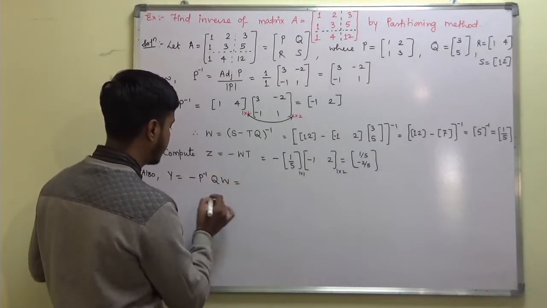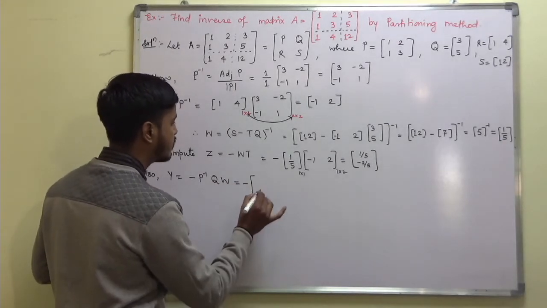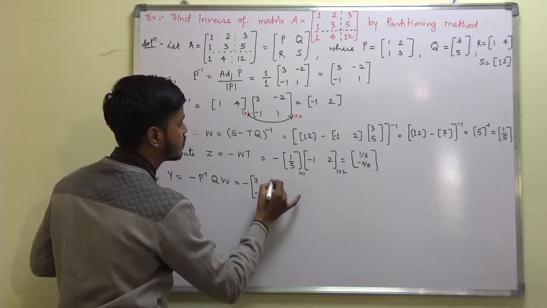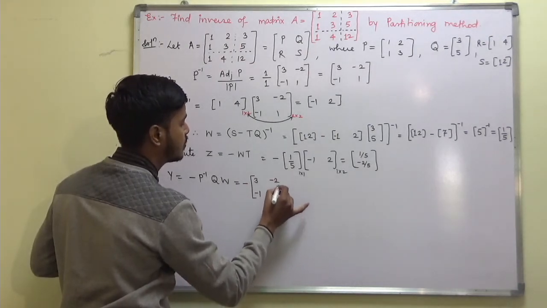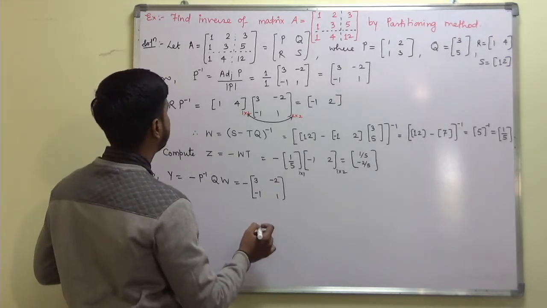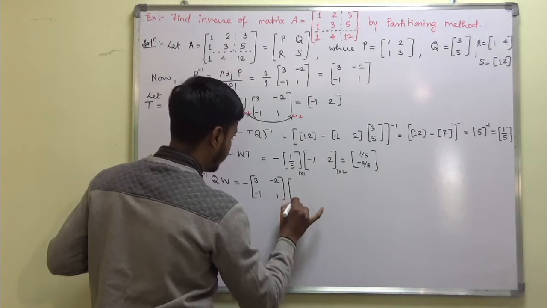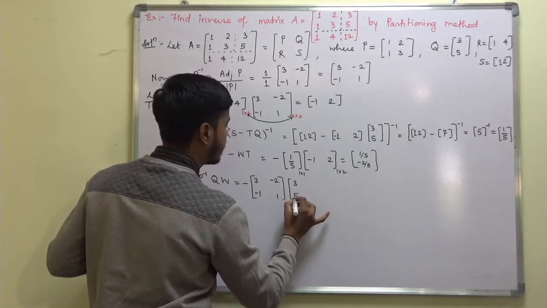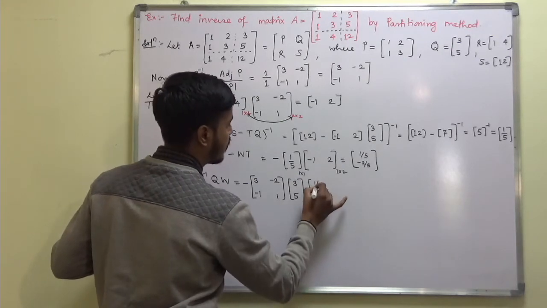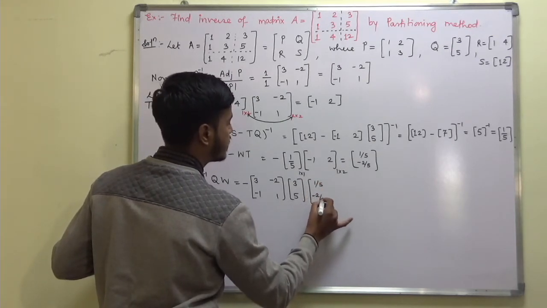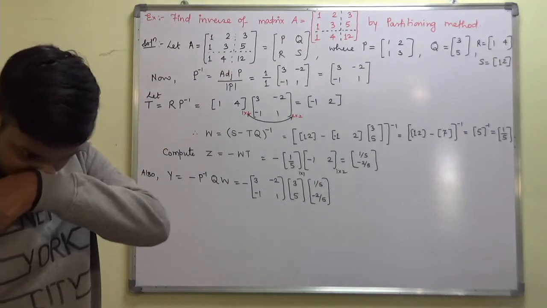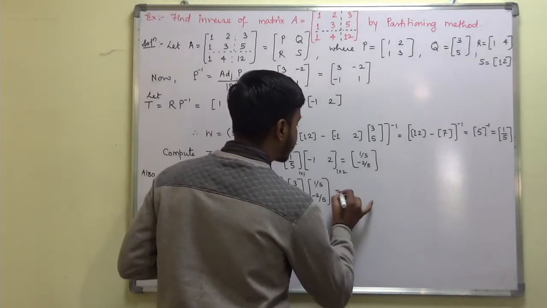So what is it? I am writing minus. What is my P inverse? This: 3, minus 1, minus 2, 1. This is P inverse. Then what is Q? Q is this, 3, 5, and then we have W, which we have just found out: 1 by 5, minus 2 by 5. Correct. This is equal to.